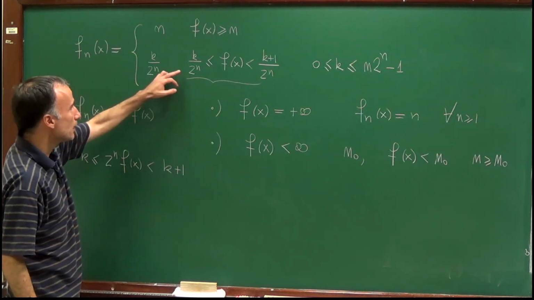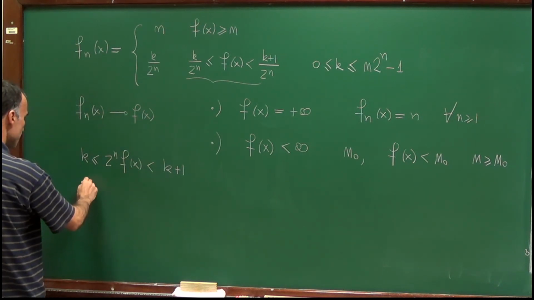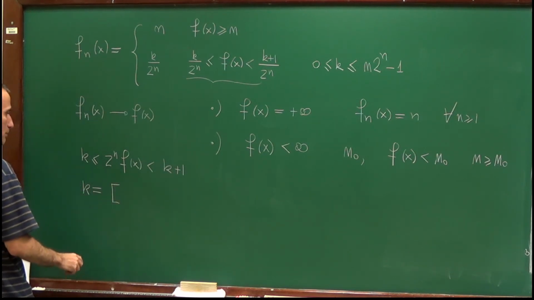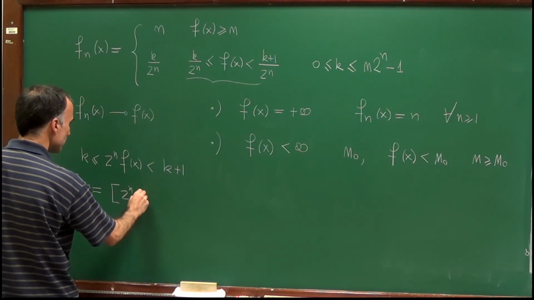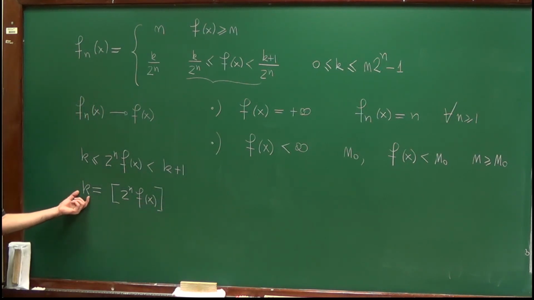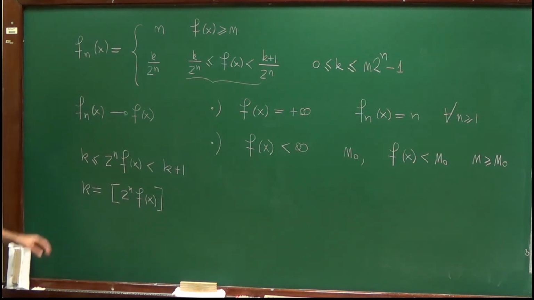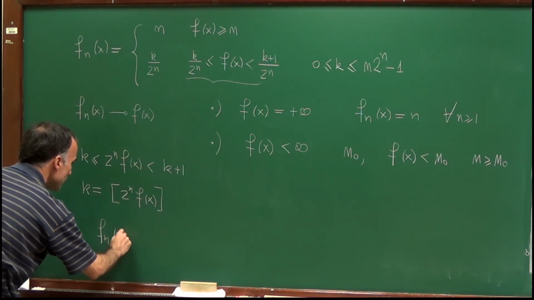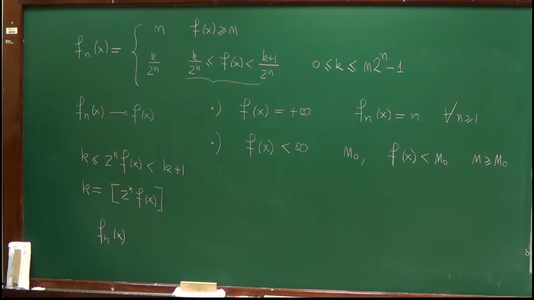This inequality is equivalent to that one, and this means that k is equal to, let me represent by this symbol, the integer value of a real number. So k is the integer value of 2 to the power n times f of x, which means that I can rewrite this definition in the following way.